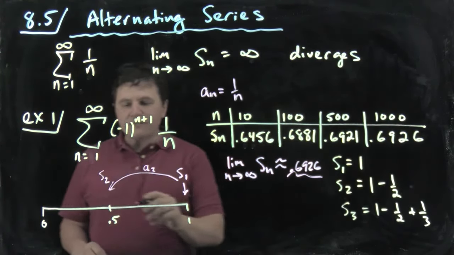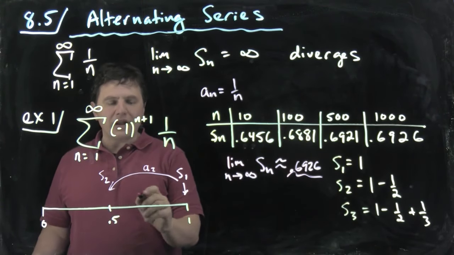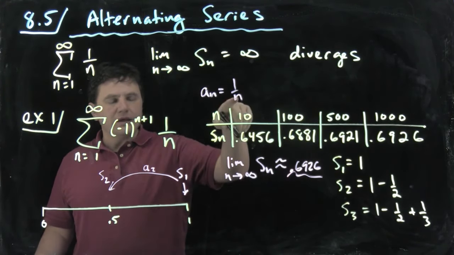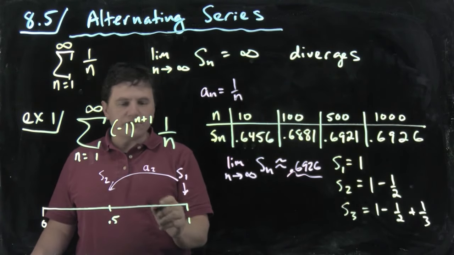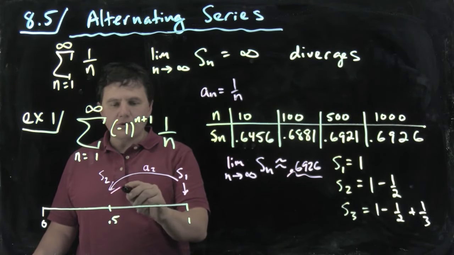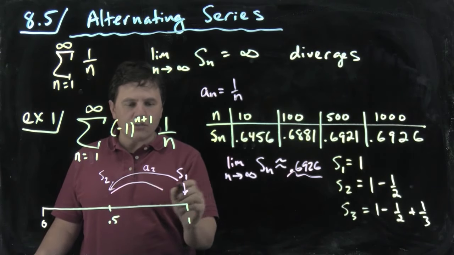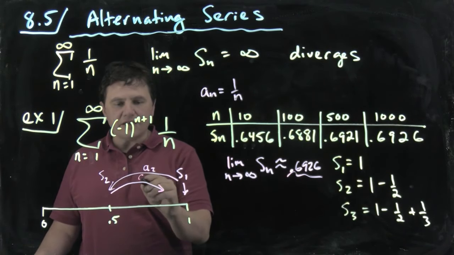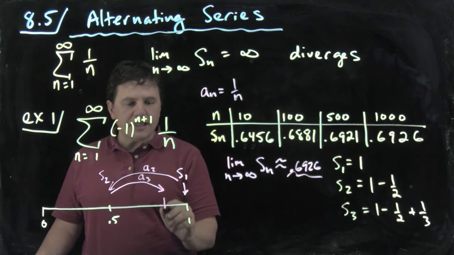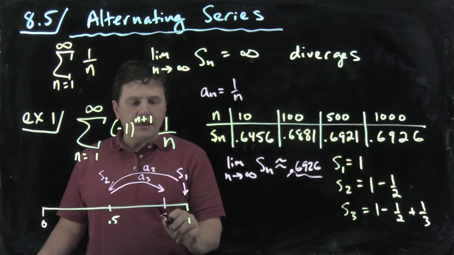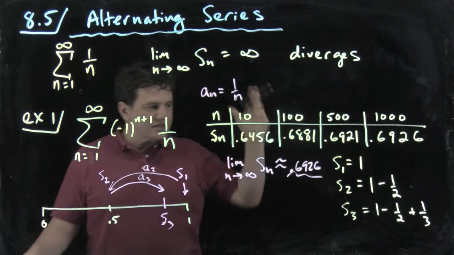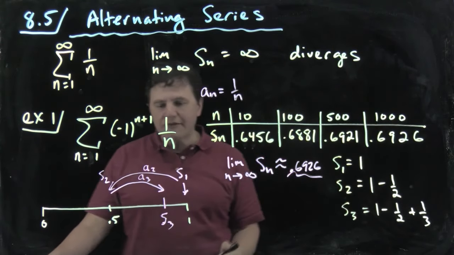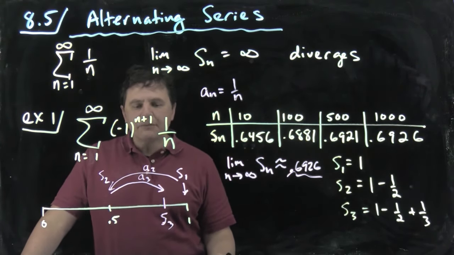And then what happens after that is that we're going to add A sub 3. And A sub 3, we're adding a third. So if we add a third, we're going to go over here somewhere. And that's A sub 3, okay? And then this is going to be my S sub 3, which is about 0.86, something like that, 1 minus 1/2 plus 1/3. Now this is going to keep going on.